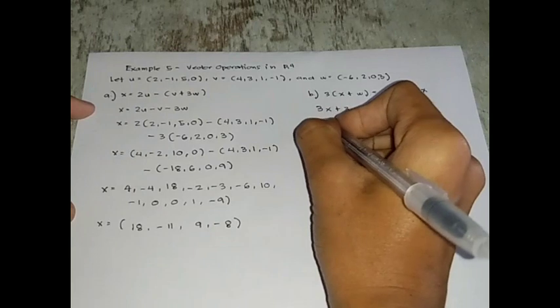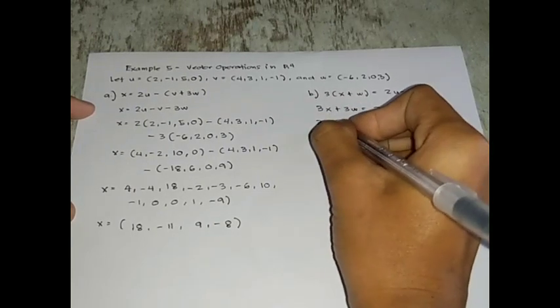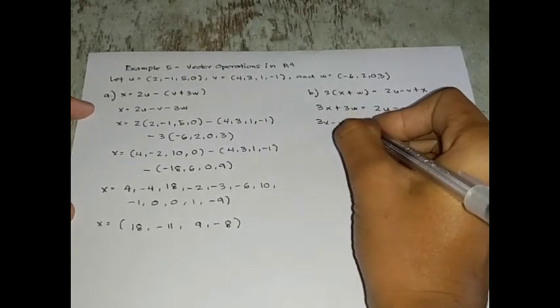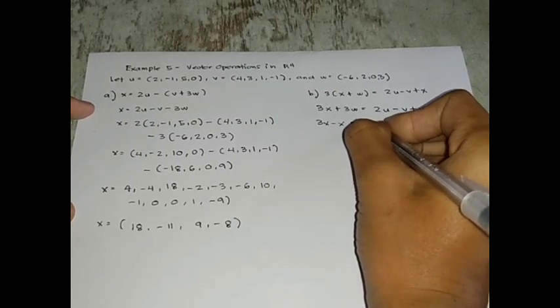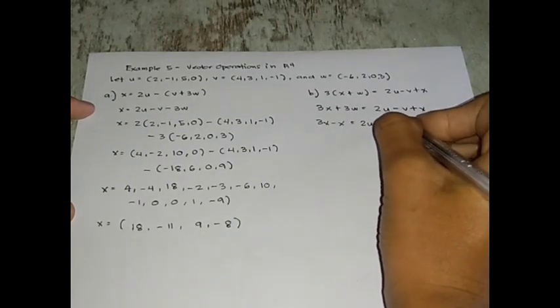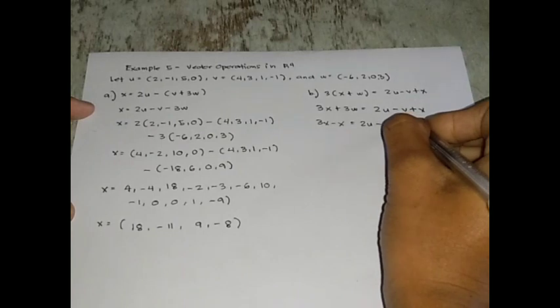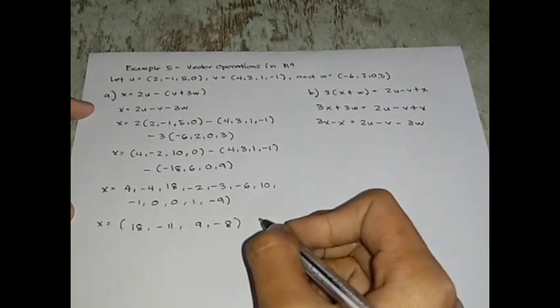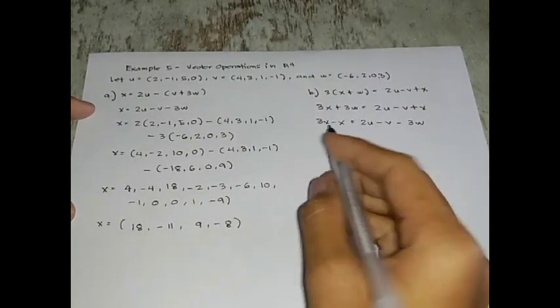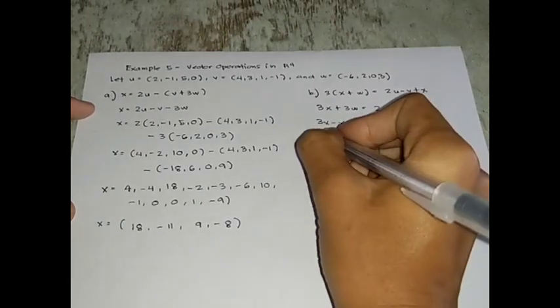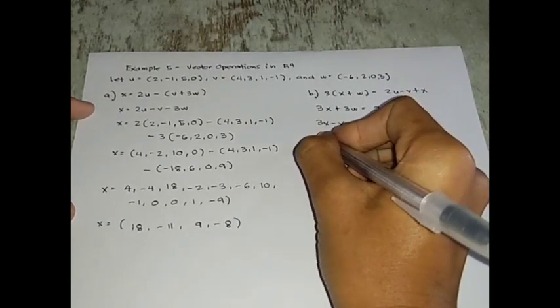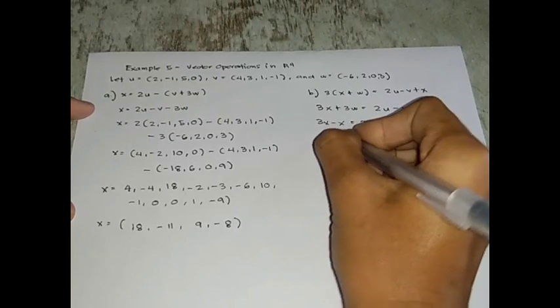So it will be 3x minus x is equal to 2u minus v minus 3w. Then 3x minus x is equal to 2x.